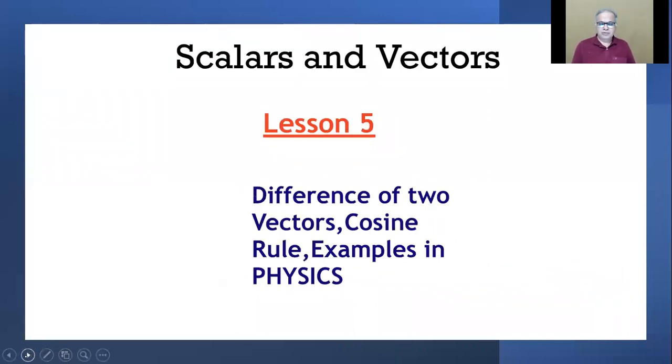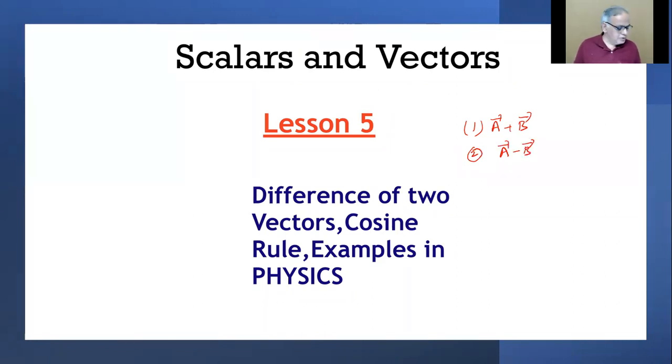And we would like to talk about difference of two vectors. Remember, apart from the first day's introduction, there is one most important thing, sum of two vectors. And then the second thing is difference of two vectors.